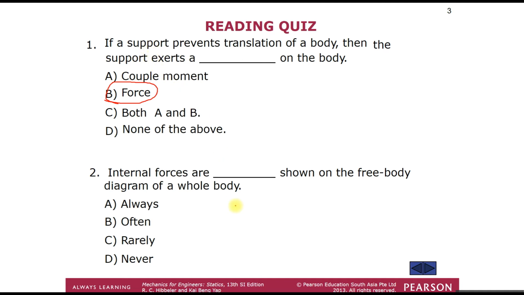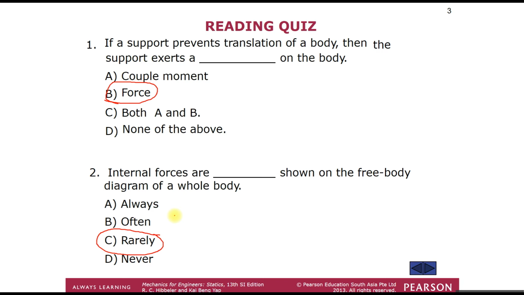Internal forces are rarely shown on the free body diagram of a whole body. We only consider the external forces acting on it, not the internal forces.